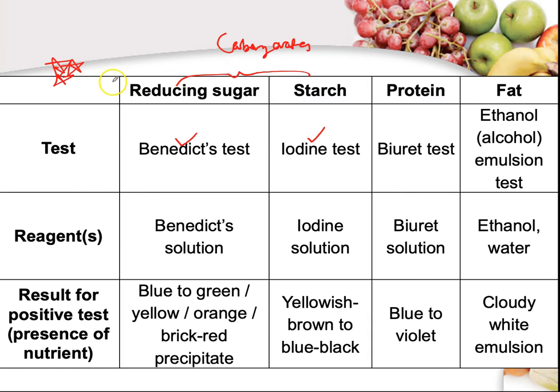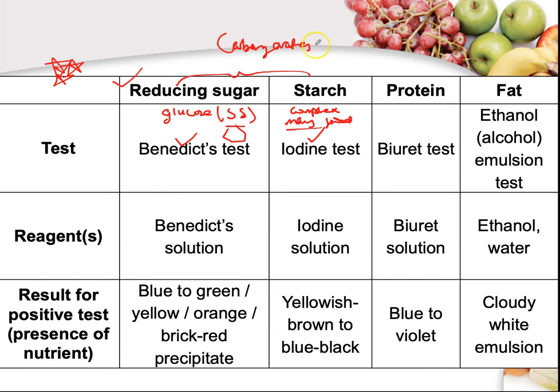So we have one test for reducing sugar, which is usually used to test for the presence of glucose, which is a simple sugar or a single sugar. There's only one single sugar. Starch is a complex carbohydrate because you have many glucose joined together.